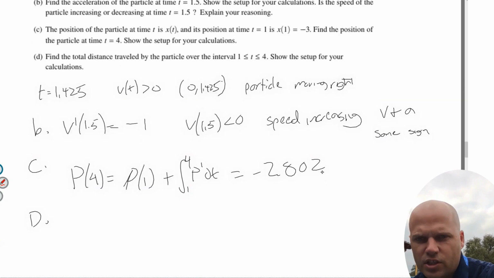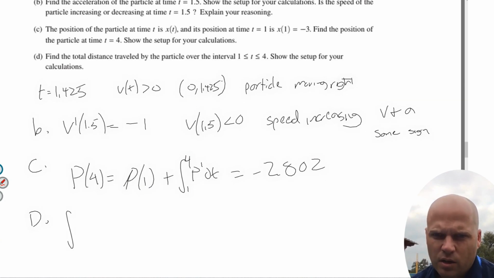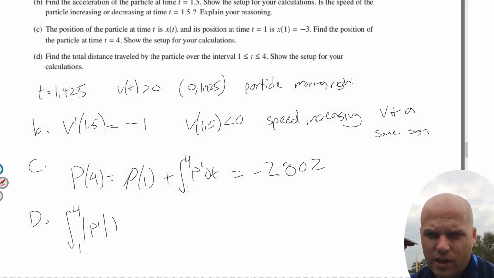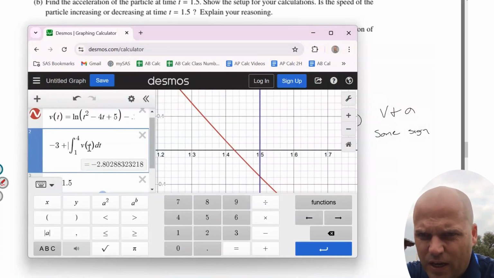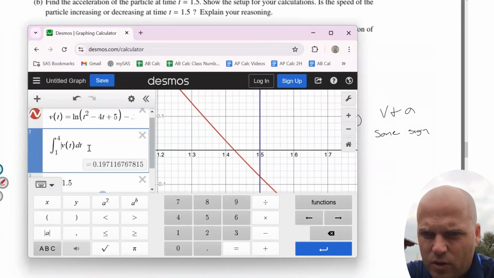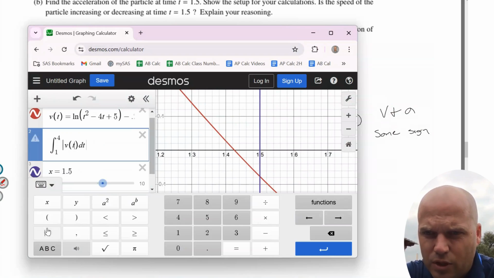Distance traveled. I think I told my students, if any of y'all don't get 8 out of 9 or literally 9 out of 9 on this question, I'm disappointed. But some people forgot about absolute values, or some people thought you had to include the position.